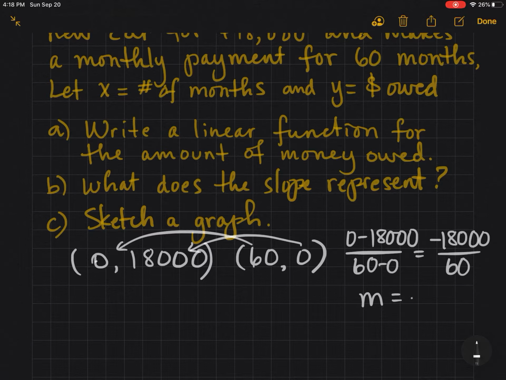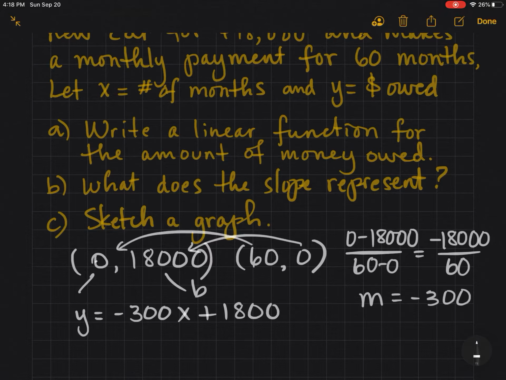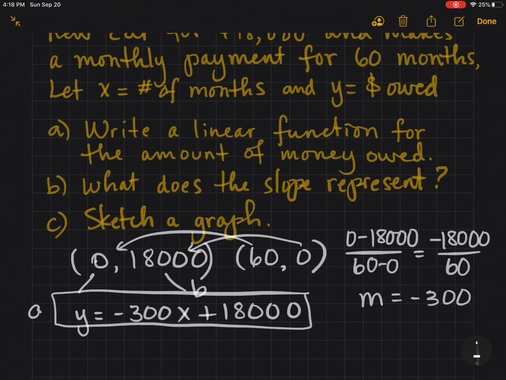And we see that the slope is negative 300. And what a beautiful thing. Since x is 0, this is a y-intercept. So y equals mx plus b.